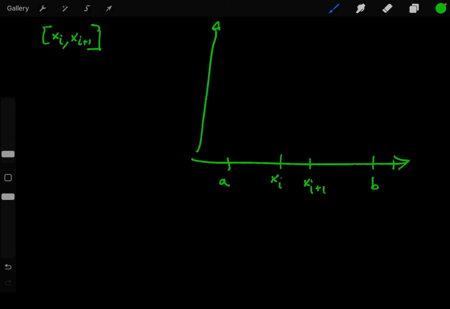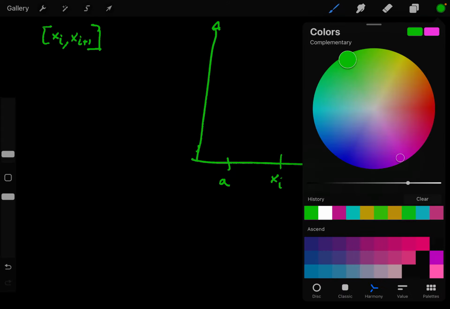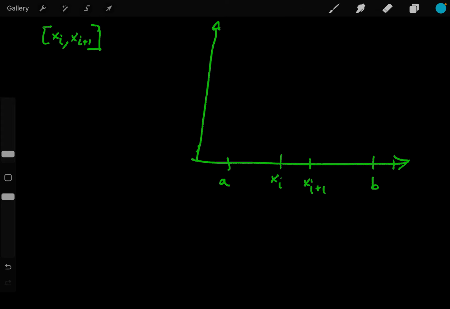You can apply the mean value theorem to the function capital F on this interval. Why? Let's state the mean value theorem and put it in perspective.